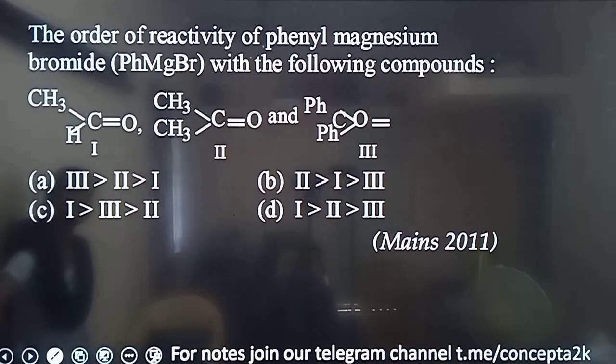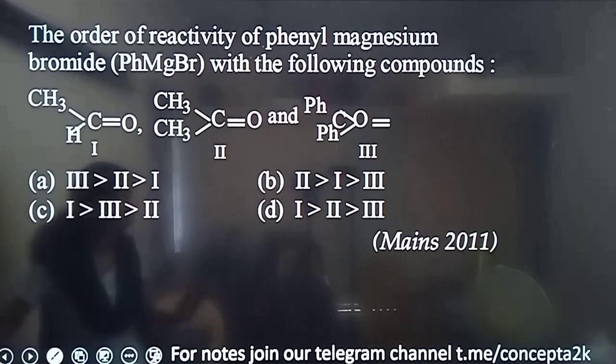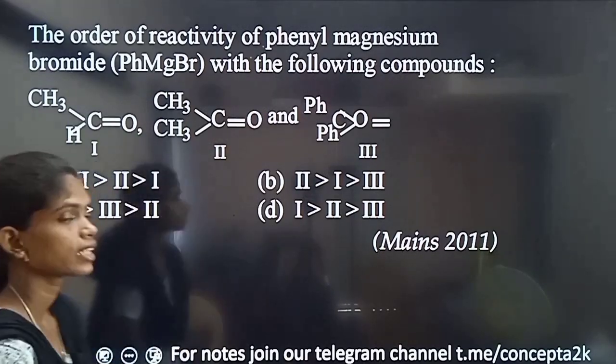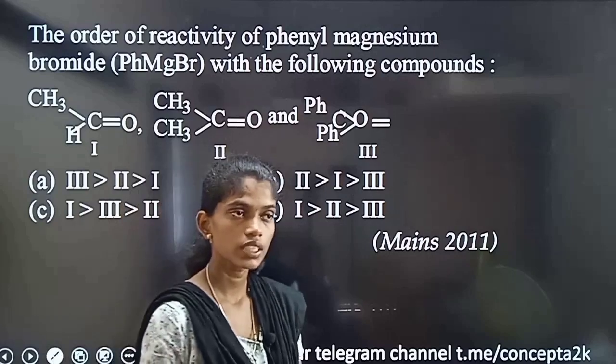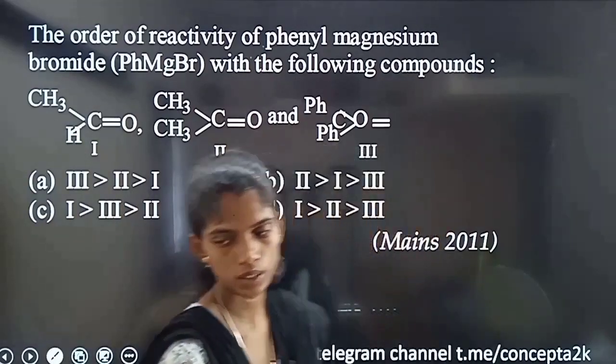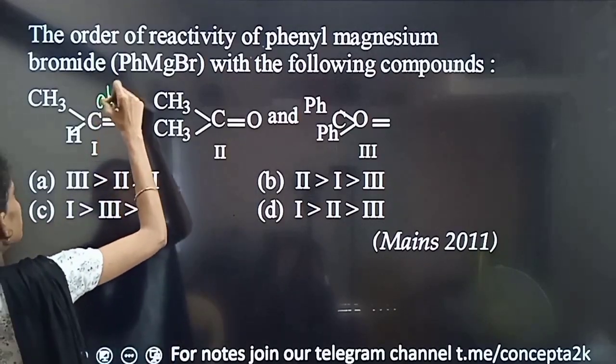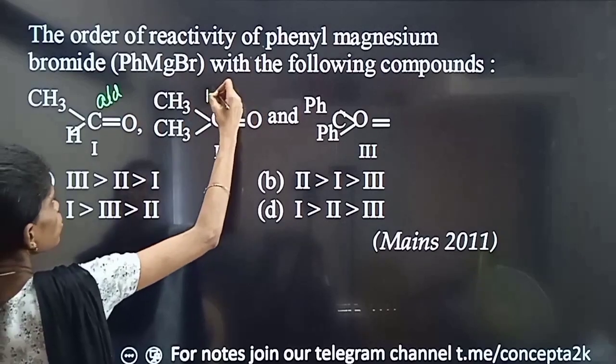The order of reactivity of phenyl magnesium bromide to the following compounds is. So phenyl magnesium அதாவது கிரிக்னாட் ரியேஜென்ட்டோட எந்த காம்பவுண்ட்ஸ் வந்துட்டு நல்லா ரியாக்ட் பண்ணும் அப்படின்றத கொஸ்டின். ஸோ ஃபர்ஸ்ட் ஒன் இஸ் தென் ஆல்டிஹைட், ketone.